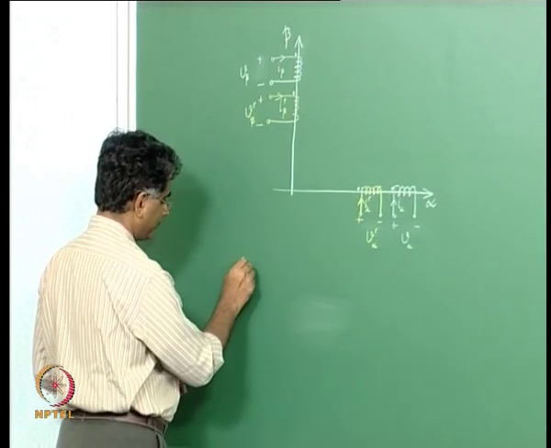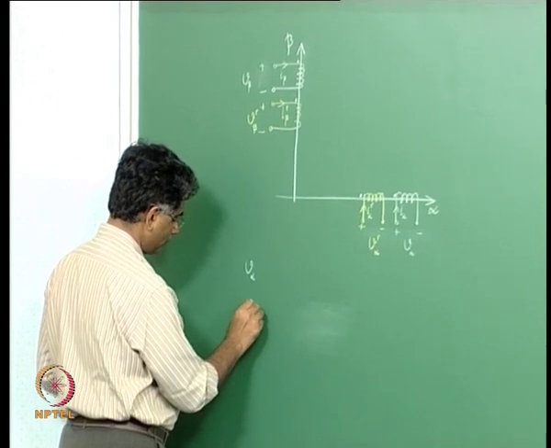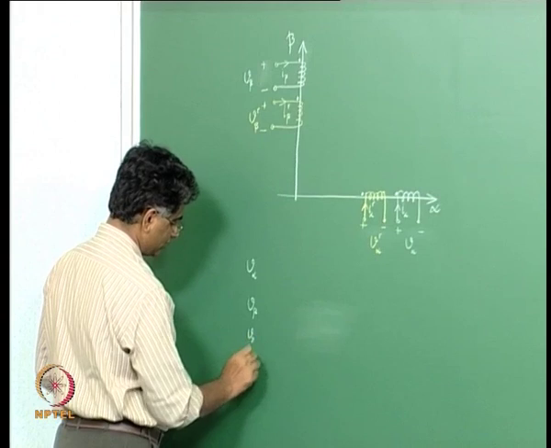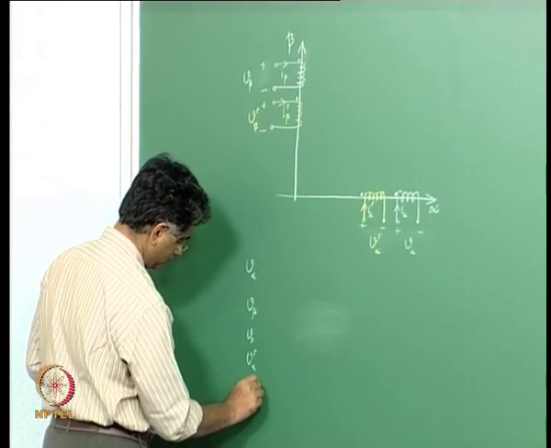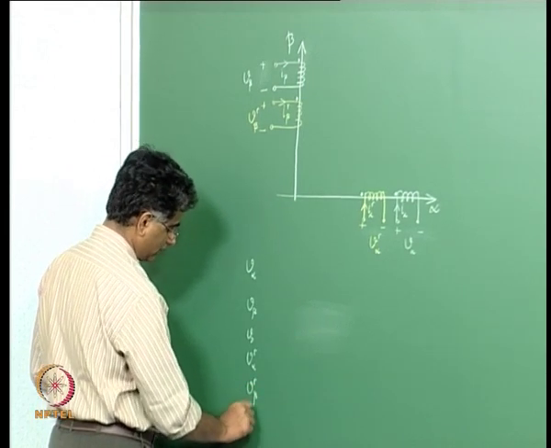So you had V alpha and then V beta, V 0 and then V R alpha, V R beta and then V 0 of R as well.